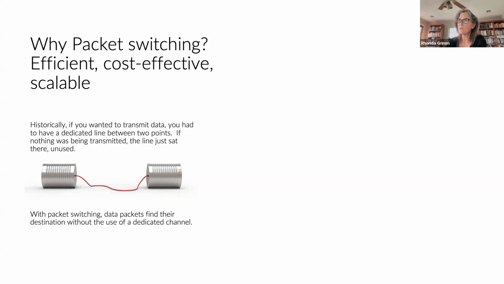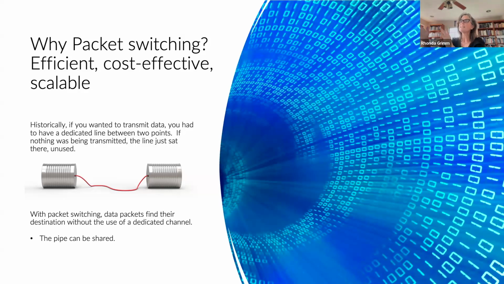So with packet switching, data packets find their destination without the use of a dedicated channel. You can throw all this data into one big pipe. The pipe can be shared, and all the packet needs is the address and a few protocols to push it along the way to get it where it's going.